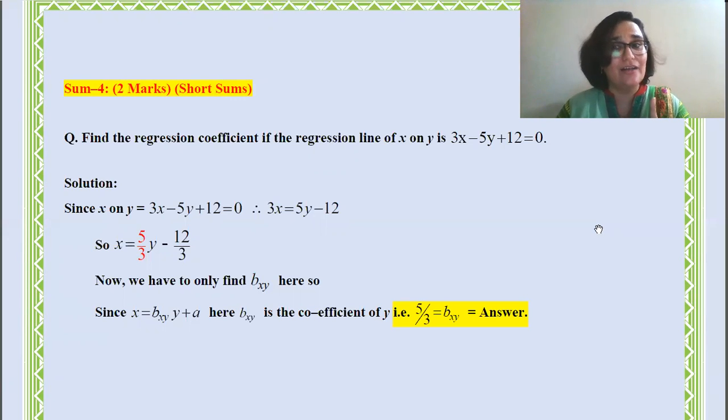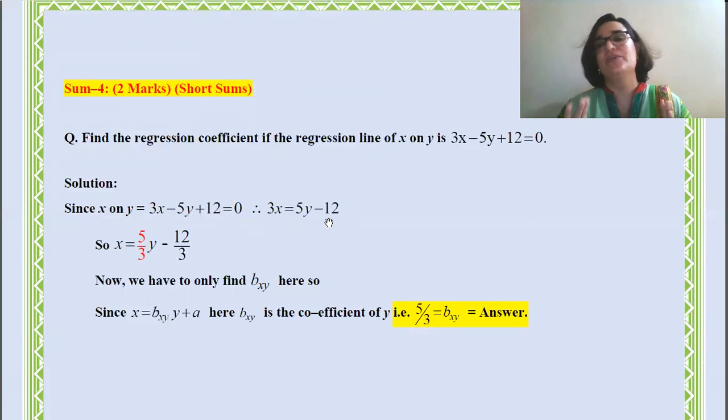इसका मतलब क्या हुआ कि x is your dependent variable जो आपको अलग करना है, right? तो x एक तरफ आ जाएगा, बाकी सब कुछ उस साइड ले जाएंगे. So, see over here. 3x minus 5y plus 12 is equal to 0 is your x on y. हमको x को अकेले करना है. So, 3x is equal to 5y इस साइड आ गया, minus 12 इस साइड आ गया.